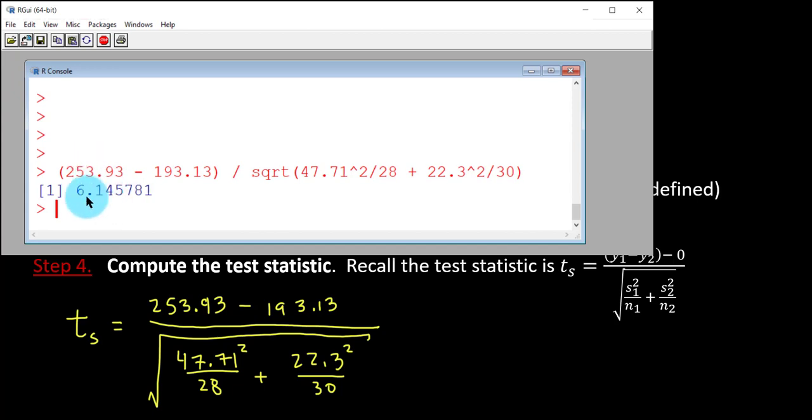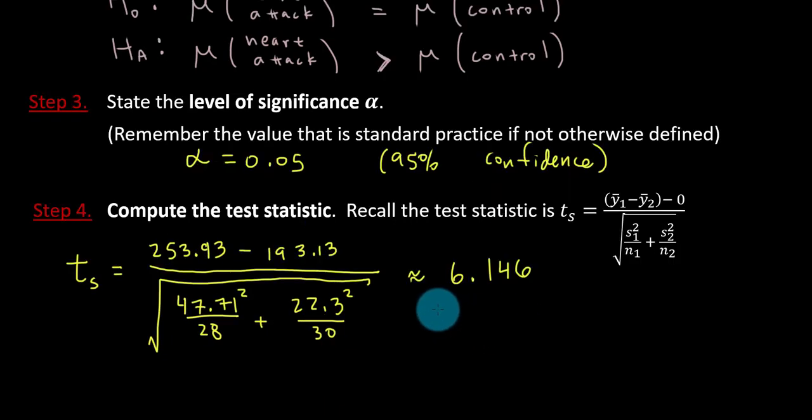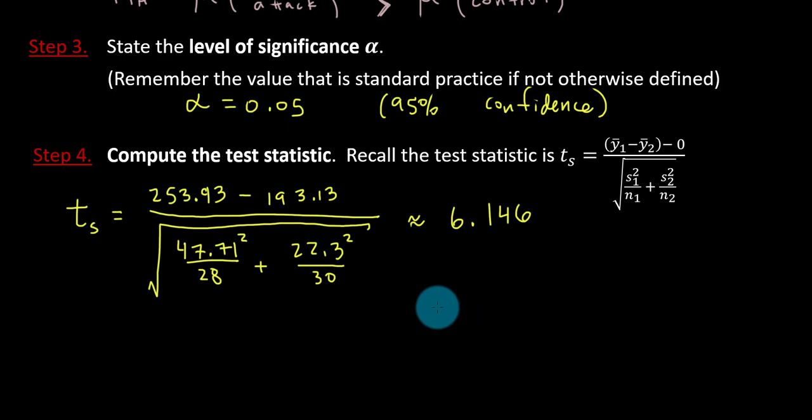This is a 6 or so. And we're going to also calculate the p-value, but let me write this down in our notes. This is about a 6.146.